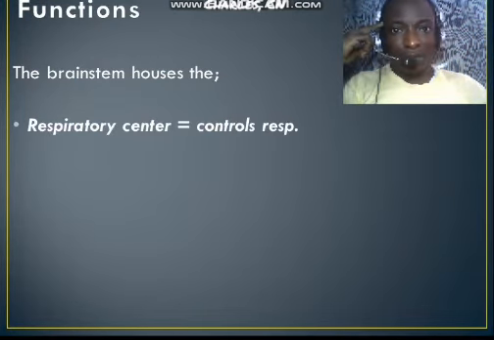The cerebellum is the little brain attached to the back of the brainstem. Alright, this is the cerebellum. Alright, the cerebellum is very important in controlling automatic or involuntary movements. Perhaps maybe you as a guy or a female, you are walking and admiring a beautiful thing somewhere.